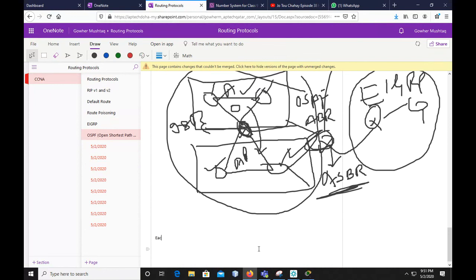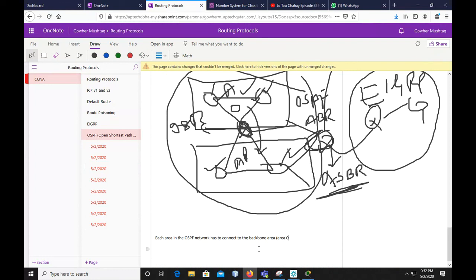So when we establish these things, as I've told you, every area in the OSPF network has to connect to the backbone area, which is always area 0.